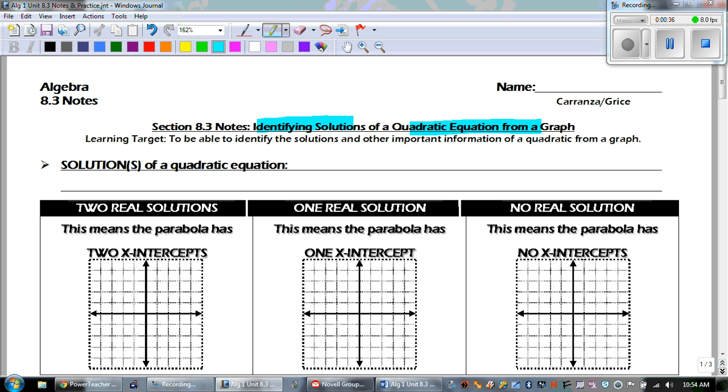So the first thing that we need to know is what is a solution or solutions of a quadratic equation? Well, what that is, is the x-intercept, or intercepts, of the parabola, and it's written as x equals a number.